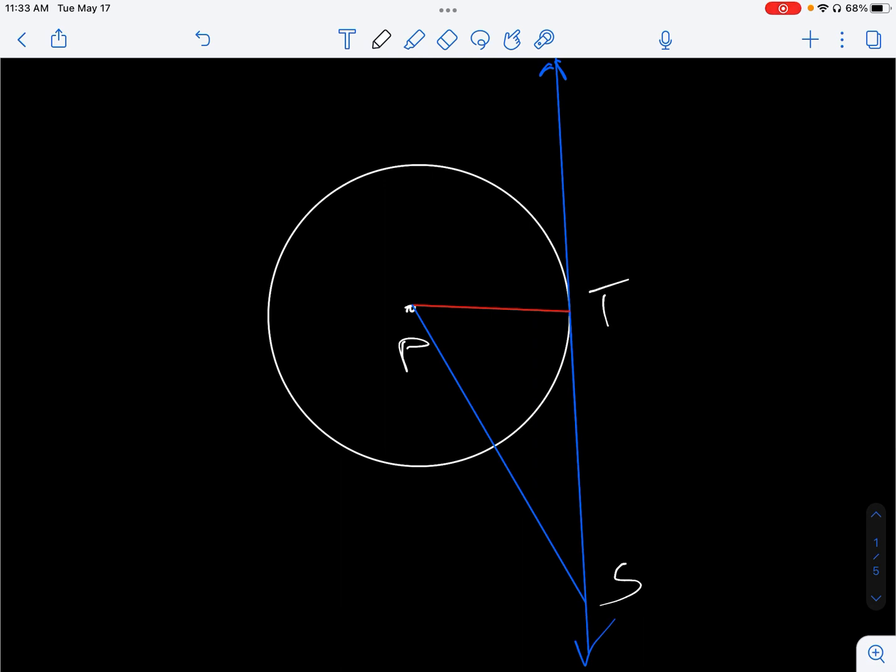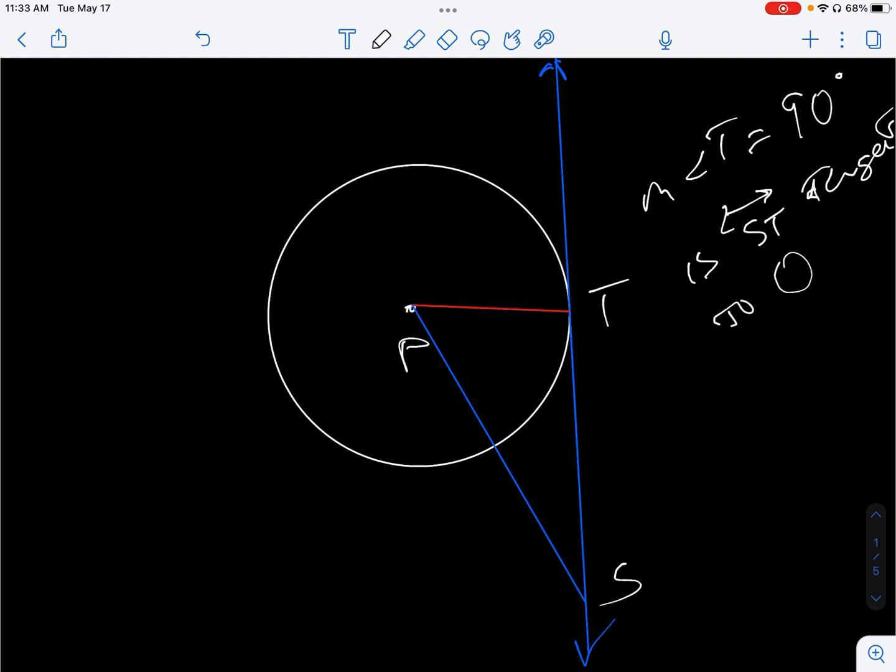Call this one S and call this one T. And we're curious: is the measure of angle T equal to 90 degrees, or is line ST tangent to circle P?